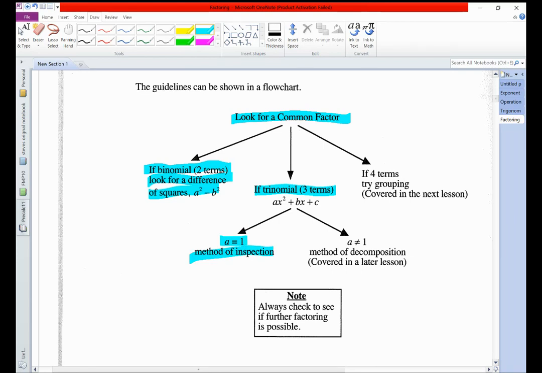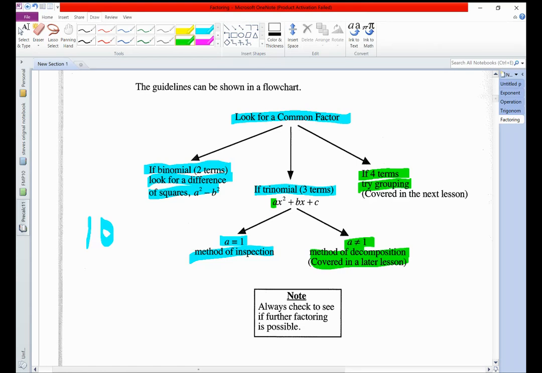So the ones I highlighted in blue are all from grade 10. And then the new stuff we're going to learn is if we have 4 terms, we're going to try grouping. And if we get to a trinomial with 3 terms and we have an a value that's bigger than 1, or a coefficient, we are going to use decomposition.